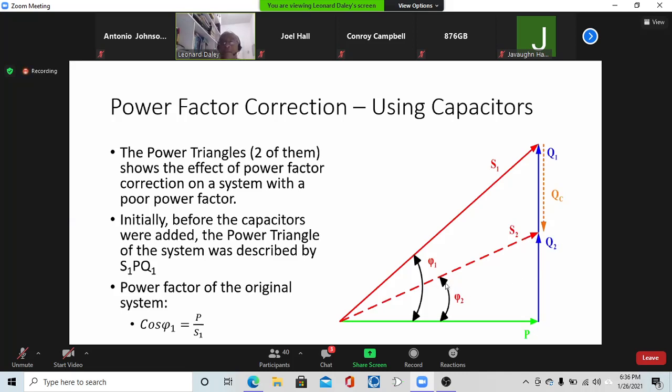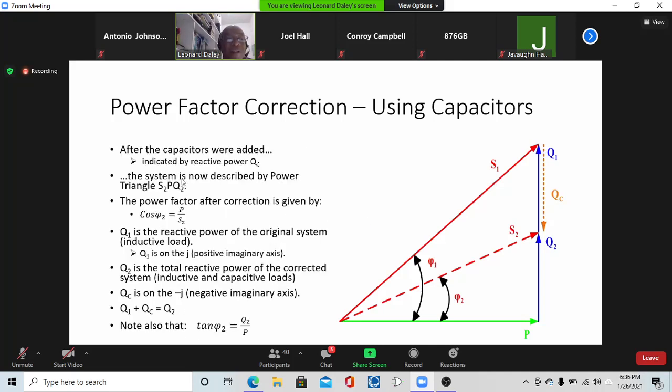All right, and you notice now that this angle is smaller, and the cosine of a smaller angle is actually a larger fraction. All right, so the original system had this power factor P over S1, and then after the power factor correction, the new power factor will be given by P over S2, right?